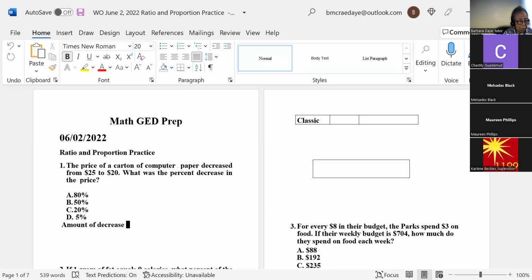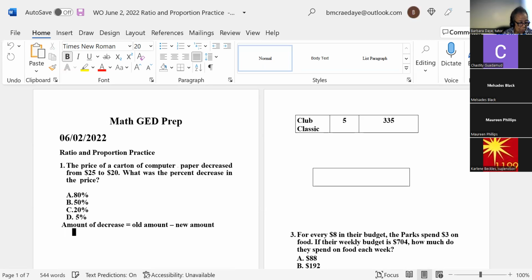You decide which way you want to do it. Okay, we'll do it two ways. We'll do it ratio proportion. We'll do it this first way. Amount of decrease equals the old amount minus new amount. In other words, the amount before the decrease and the amount after the decrease.